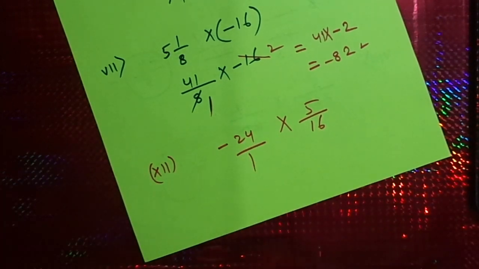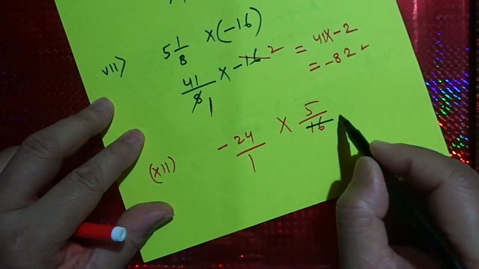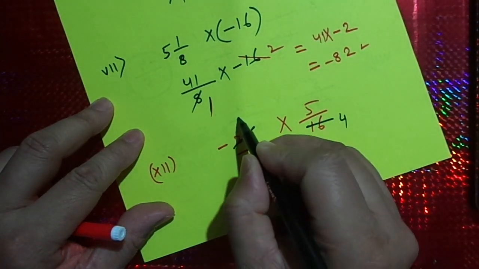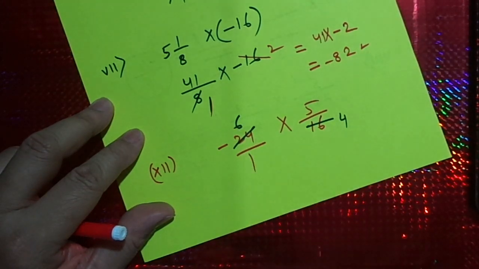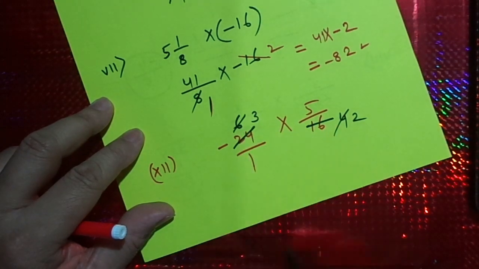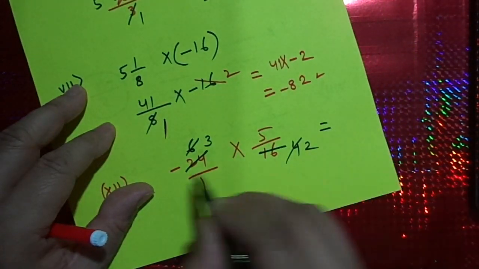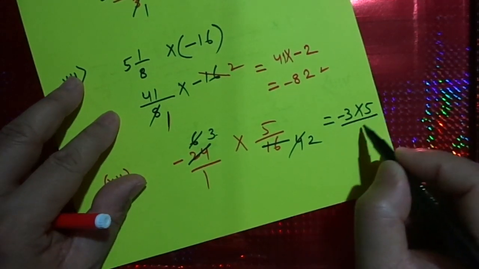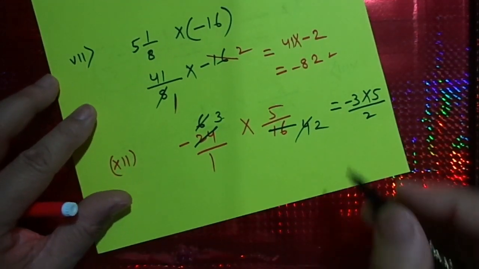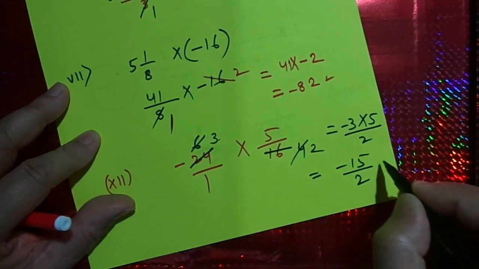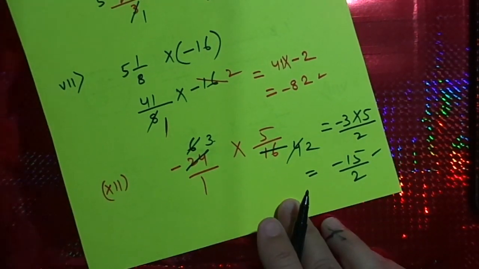Of course there is. 4 times 16 is 64, 4 times 6 is 24. 2 times 4, 2 times 3. So here we get minus 3 into 5 by 2. So what is the number? The number will be minus 15 by 2. As I said, leave it in this form only, isn't it?